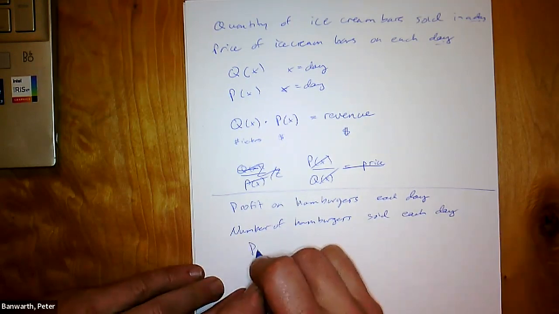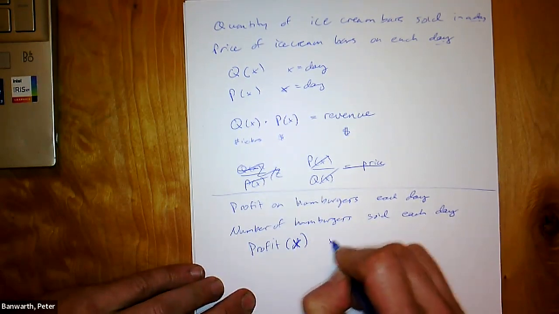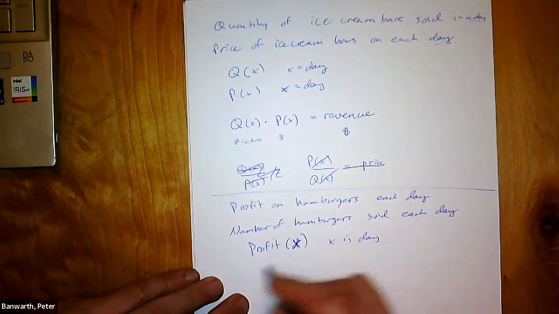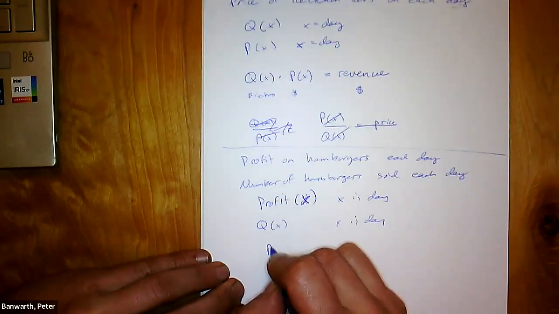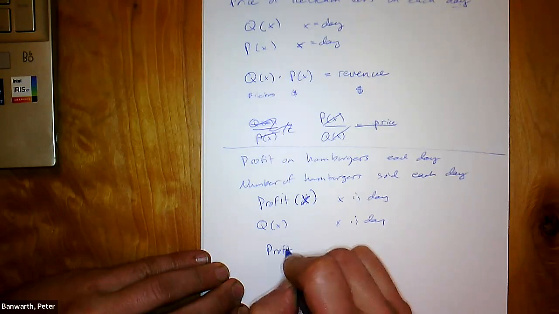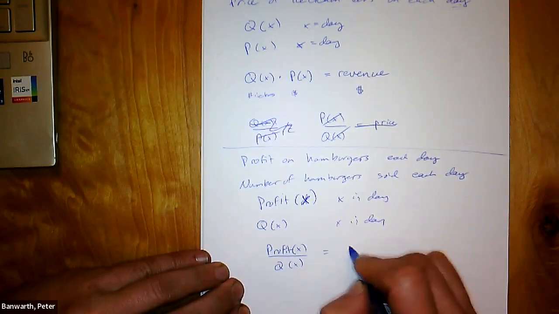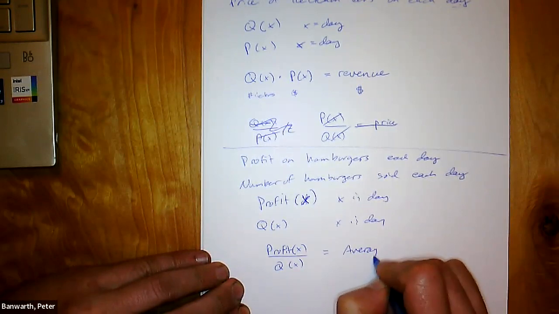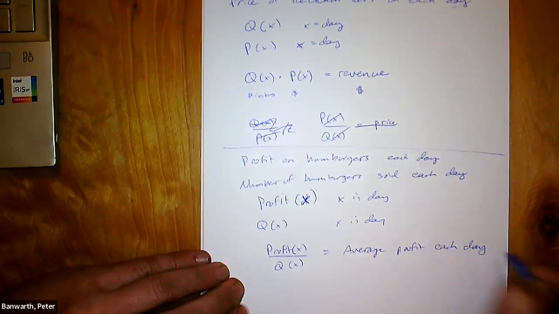Now it would make sense to look at profit for each day and quantity each day. Now if I take my profit of X divided by my quantity of X, I get the average profit each day. And that does make sense.